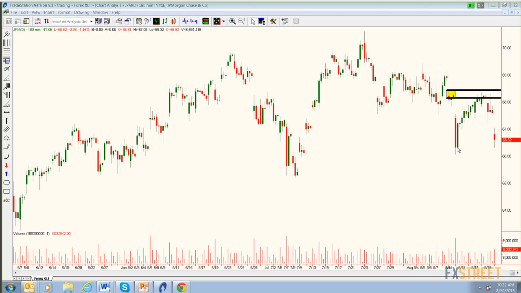Remember, for example, we're looking at a 180-minute chart here. If I pull this on a 60-minute chart or 30-minute chart or something less, from this point at 66 all the way up to the entry, you're going to see a beautiful uptrend. So one might say, well, wait, Sam, you're shorting or selling in an uptrend. That's against the rules.